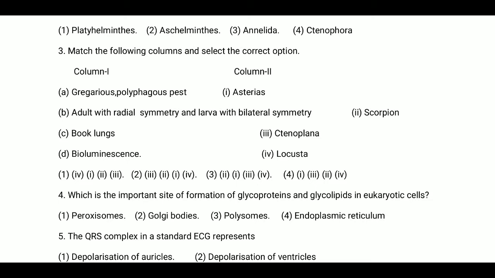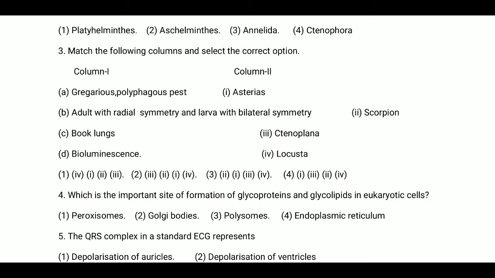Gregarious and polyphagous pest: recently, in the days of corona, there was an attack of an insect, right? The insect which basically affected was locust. So gregarious polyphagous pest is locust, right?